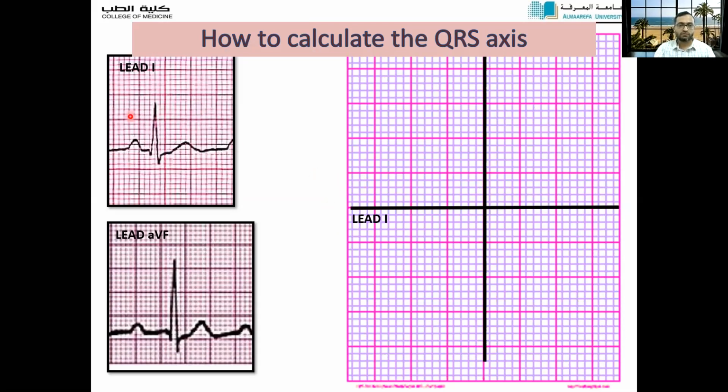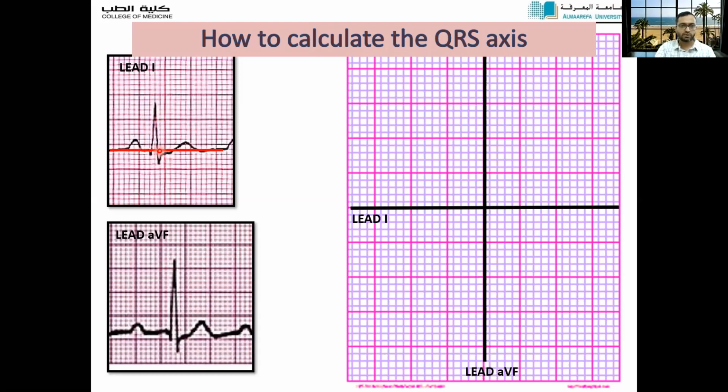Now let's count from this lead. First mark the isoelectric line here. You don't have to look at the P wave or the T wave, just look at the QRS complex. And we have to count the positive component. Anything that moves above this line is positive, anything that moves below this line is negative.